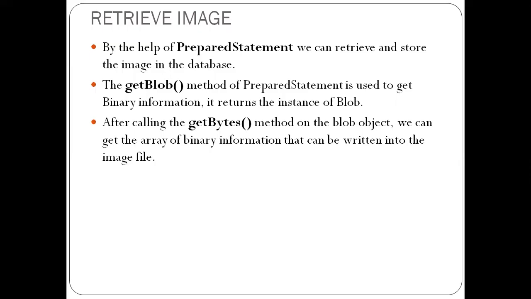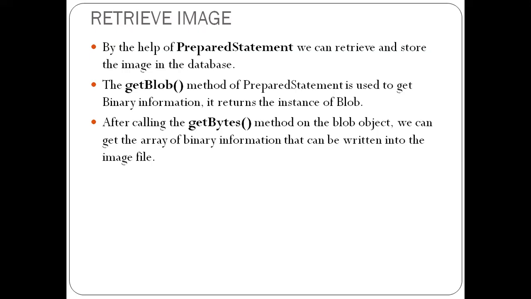Now, how do you retrieve the image? While selecting a picture from the table, we will get a binary stream of data and it will be stored in the result set object. In order to read the binary data from the result set object, we need a method called getBinaryStream.